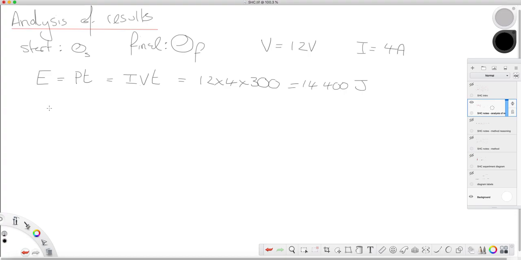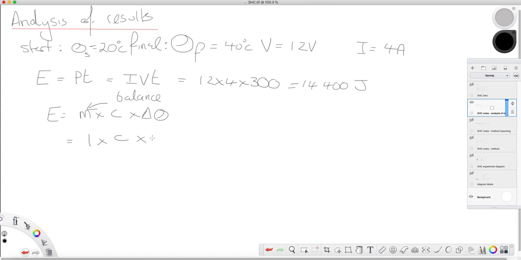And that energy is the mass times the specific heat capacity times the change in temperature. So let's say that is 20 degrees, and let's say that is 40 degrees. Now we will have measured the mass using our balance, and we'll have found that was 1 kilogram, because our samples always are, times the specific heat capacity we're trying to find out, times the change in temperature.